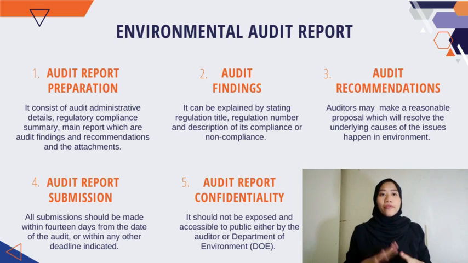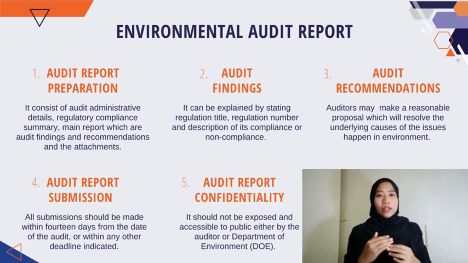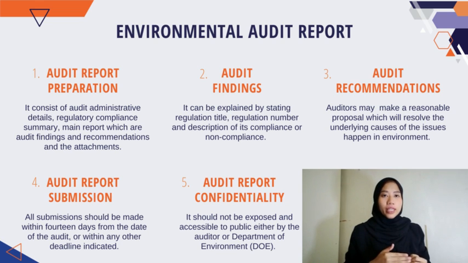Next, there are 5 things that should be considered and focused on in the environmental audit report. First, the audit report preparation. The audit report shall be prepared for submission to the Department of Environment, which is DOE, according to the guidelines provided. It should also fulfill all the requirements expected of a good audit report.